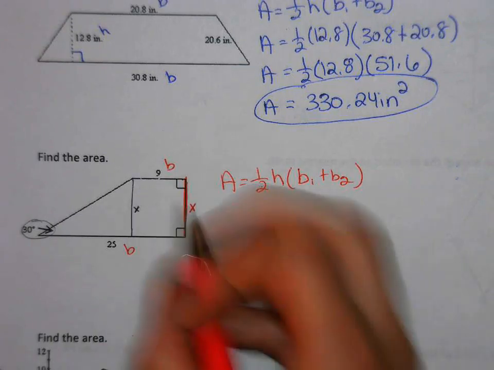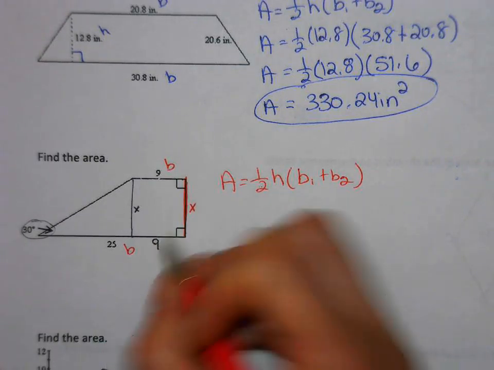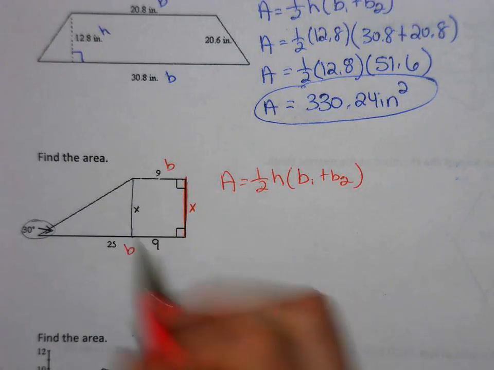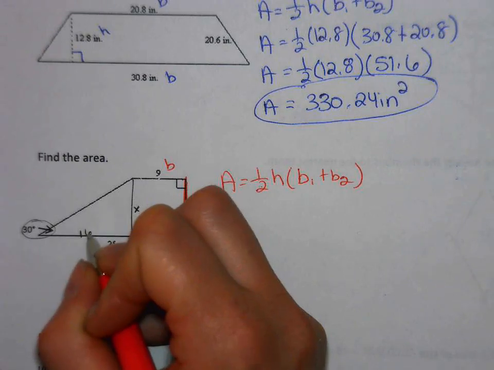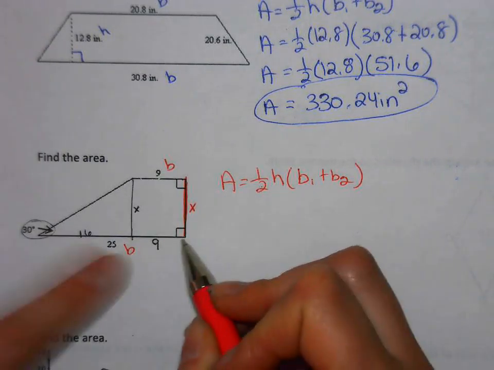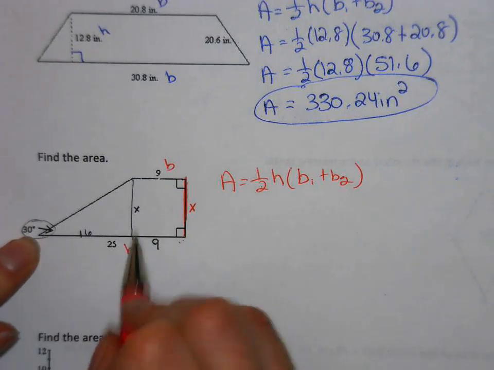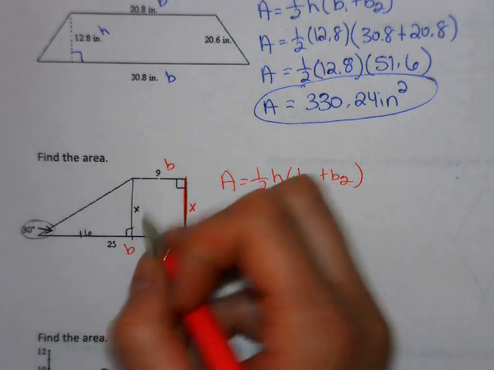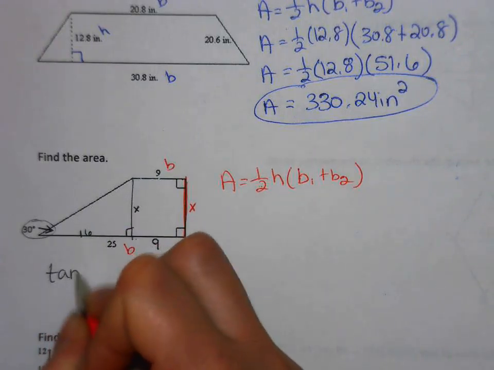We know this side is 9, so we know this chunk from here to here is also 9 units. So if the whole thing is 25, we know this section from here to here has to be 16, because 16 plus 9 is 25. So since we know that this is 16 and this is x, we're going to be using tangent of 30.